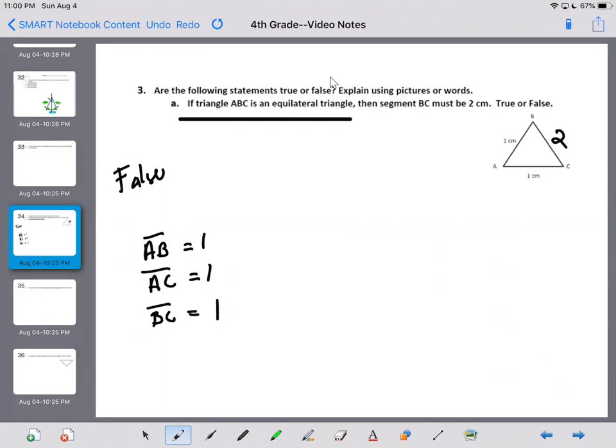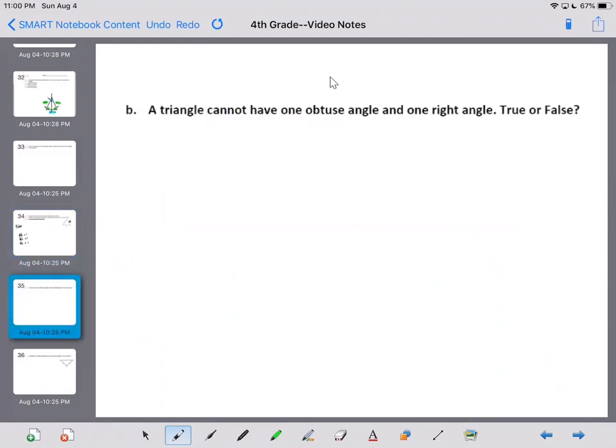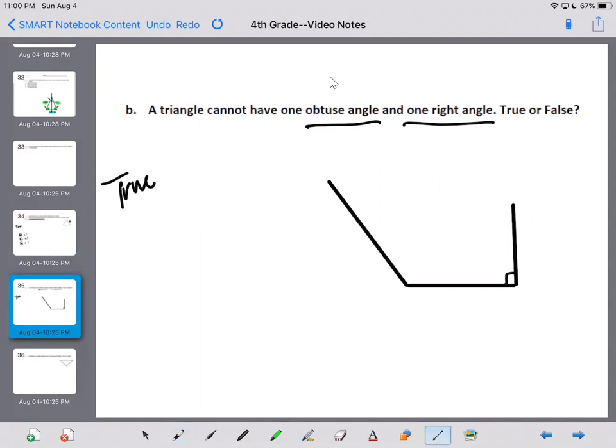If we look at part B here, we say a triangle cannot have one obtuse angle and one right angle. True or false? A triangle cannot have one obtuse and one right angle. Well, that's true. So think about how you could draw that. Well, if you have one right angle and another has to be obtuse, well, they're never going to connect, and make a triangle.